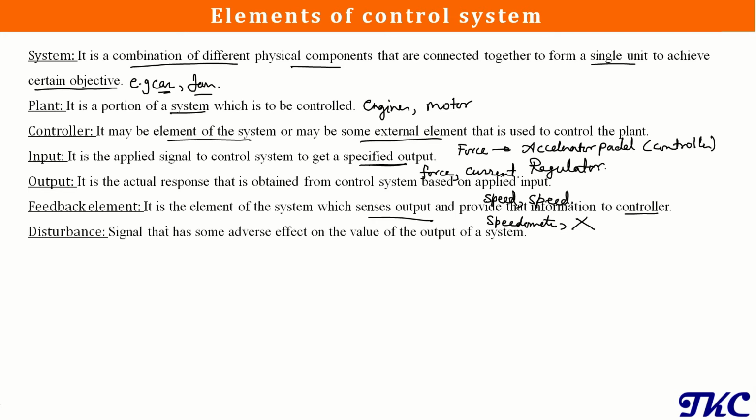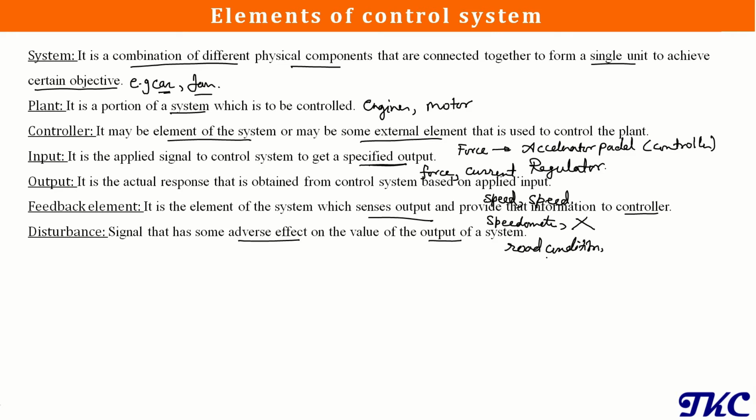The next element of a control system is disturbance. Disturbance is a signal that has some adverse effect on the value of the output of the system. Disturbance could be anything that affects the output or deviates the output from the desired one. In case of the car, we can have road condition as our disturbance.